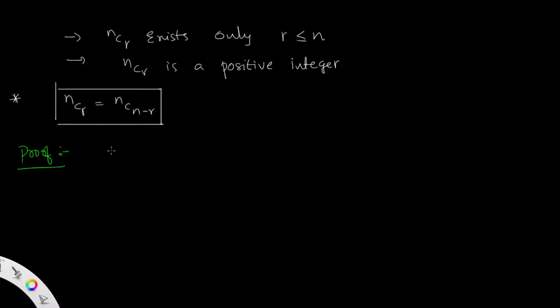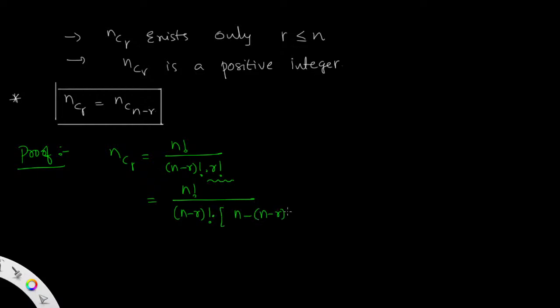Just now we have written NCR equal to n factorial by n minus R factorial into R factorial. I am simplifying this value by keeping n factorial as it is, and n minus R factorial also as it is, but R factorial I am writing as n minus of n minus R factorial. Okay, this is the value. Why? Because when I write like this, the value doesn't change.